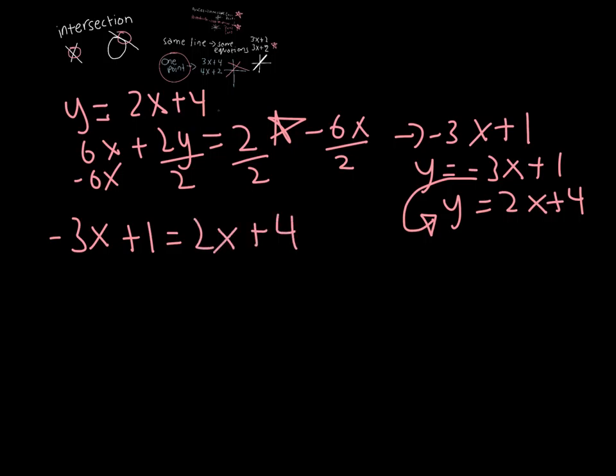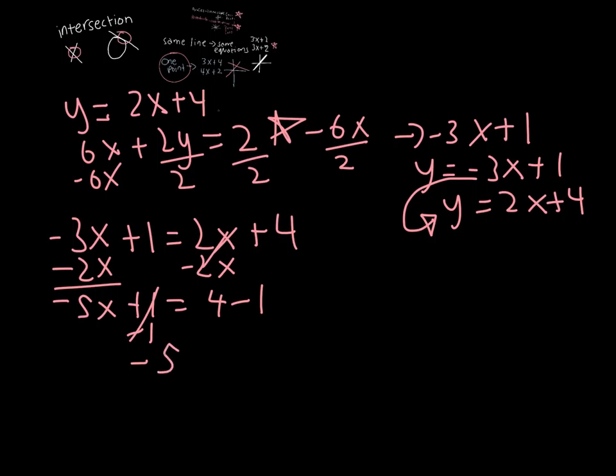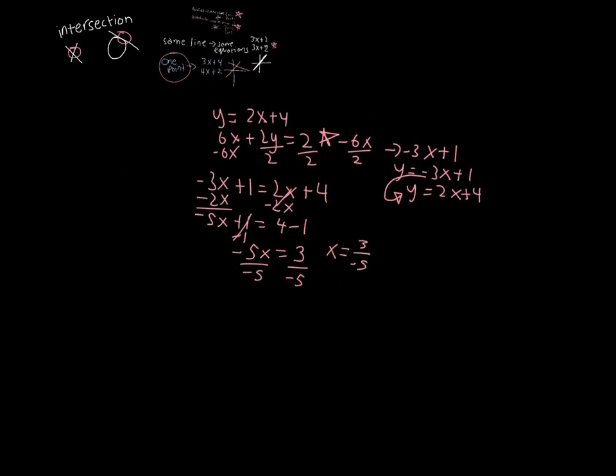You subtract 2x from both sides, so it would be -5x plus 1 equals 4, and then you subtract 1 from both sides, and it'd be -5x equals 3. Then you divide by -5 to get x by itself, so x is equal to 3 over -5.